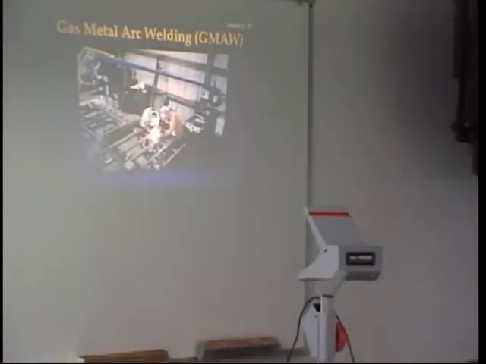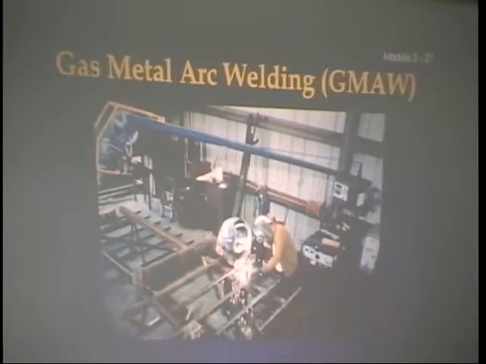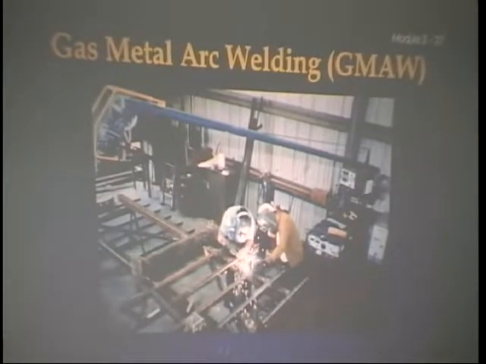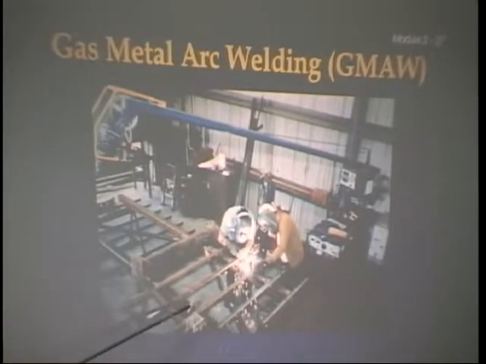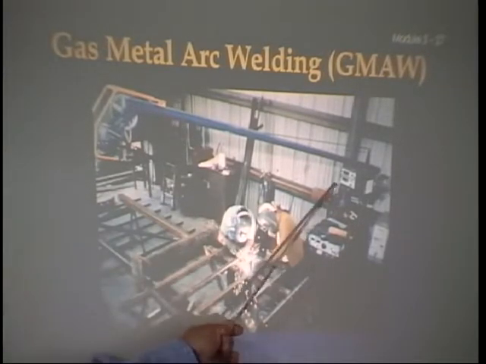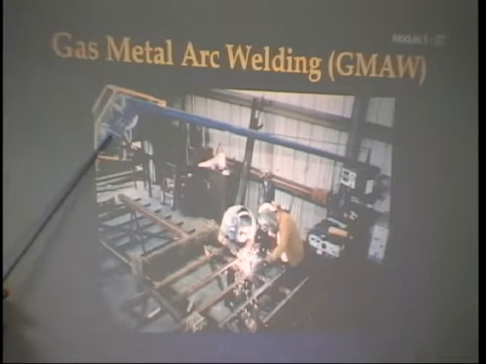Gas metal arc welding. It's a little hard to see, but this is a picture of gas metal arc welding being done in a fabrication shop, and you can see a couple of guys down here fabricating some kind of a grid pattern. Here's their equipment over there. And you can see this is a long boom, and the boom actually suspends the wire feeder from above them.